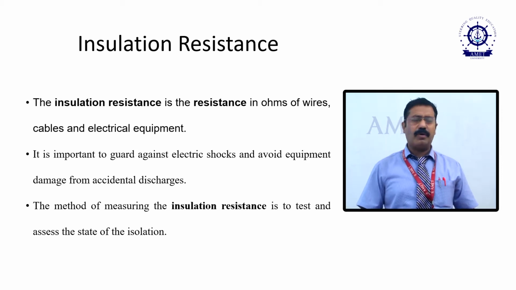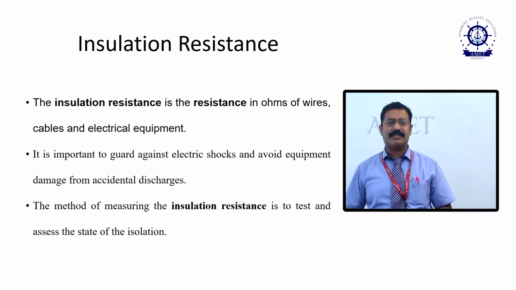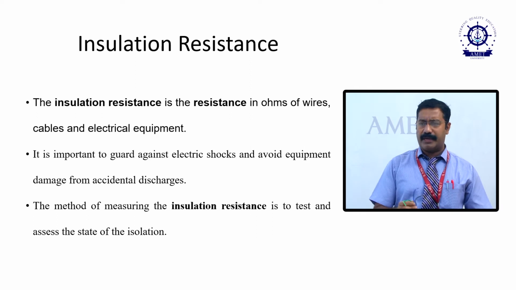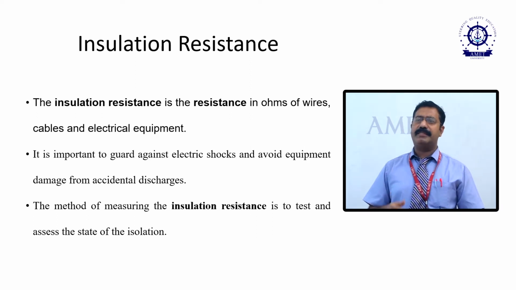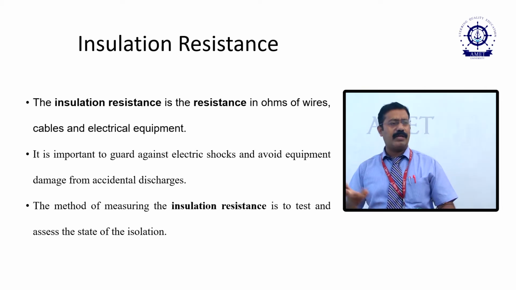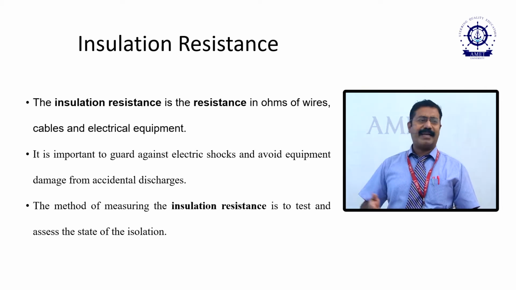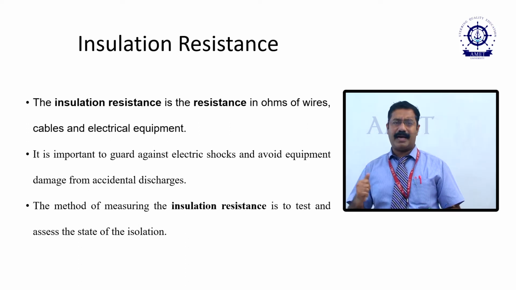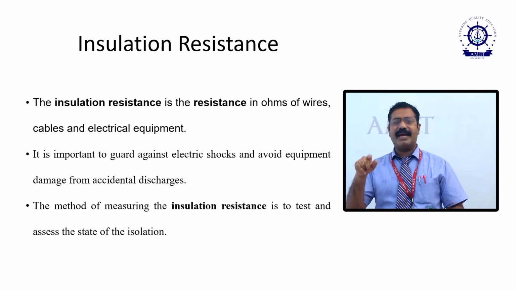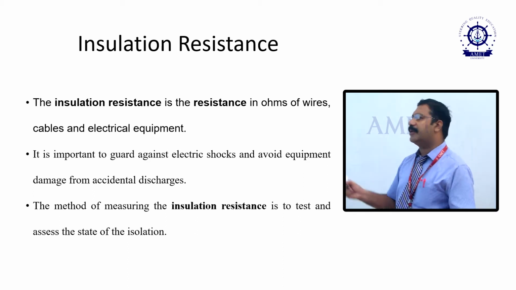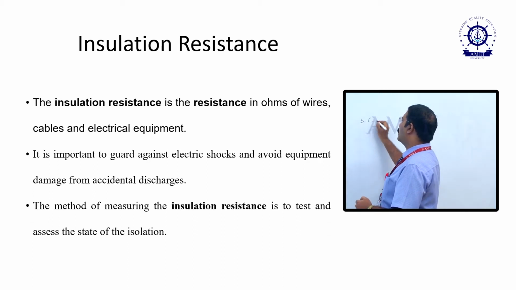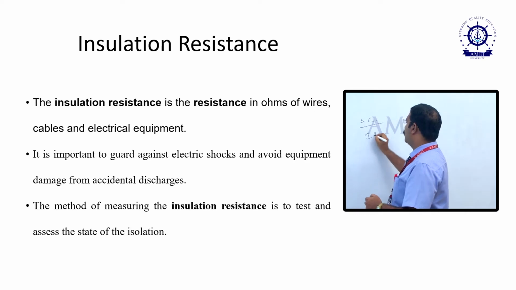If you do not know the insulation resistance, there may be a fault in the wire. If that is the case, a short circuit will occur. If a short circuit occurs, there will be losses. How will the losses occur? We know that current I is equal to V by R. At the same time, the losses will be equal to I square R. I square R means if the current is more, according to the first equation, I is equal to V by R, then for short circuit conditions the current value will be very high.